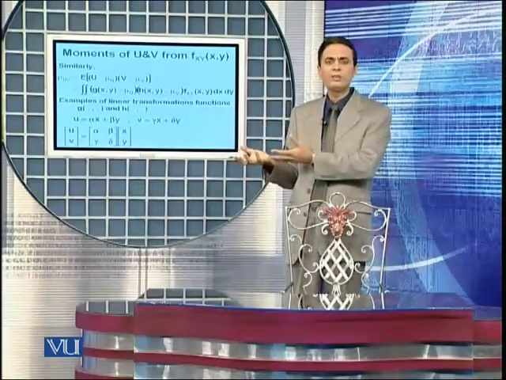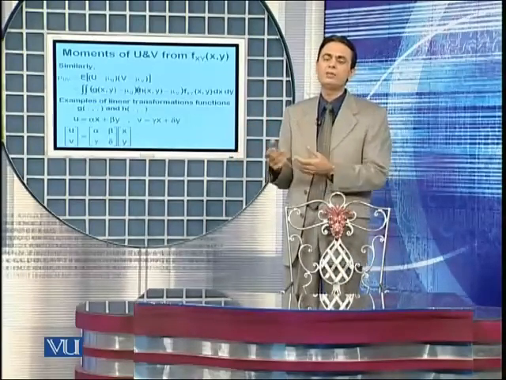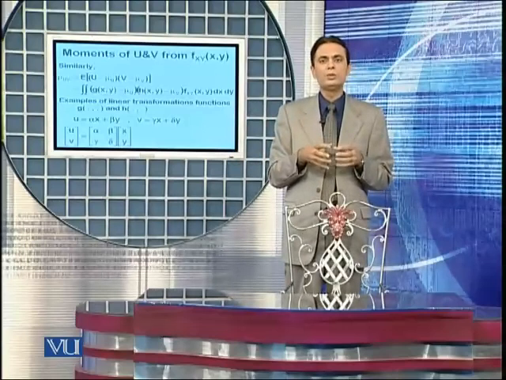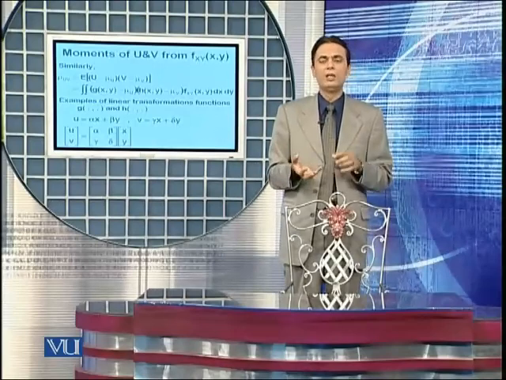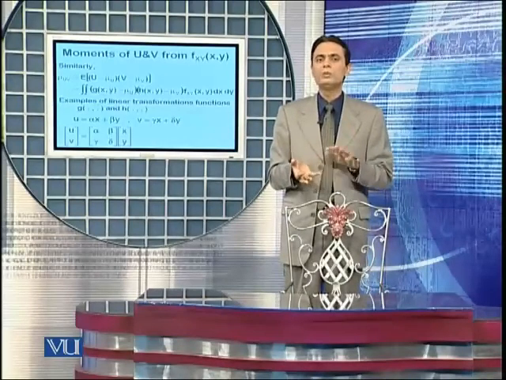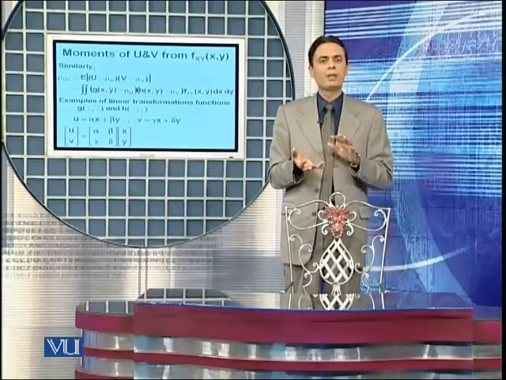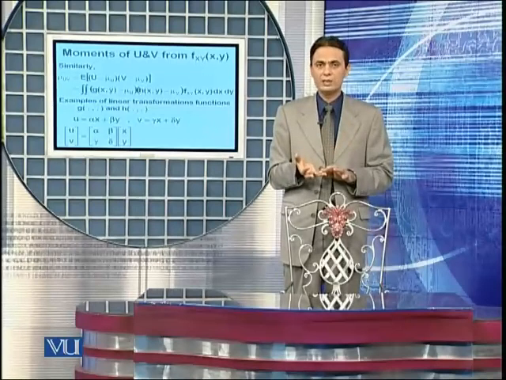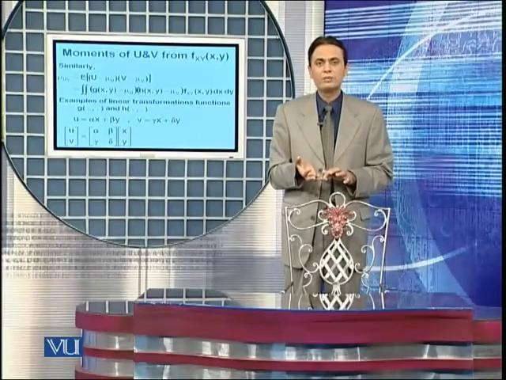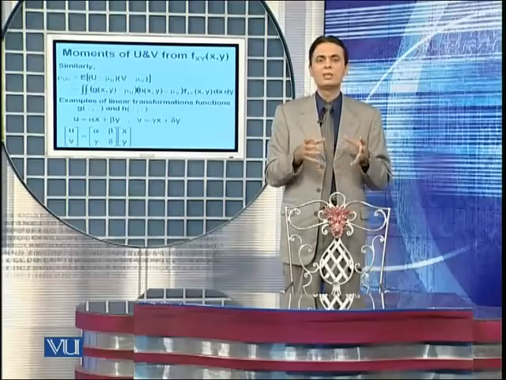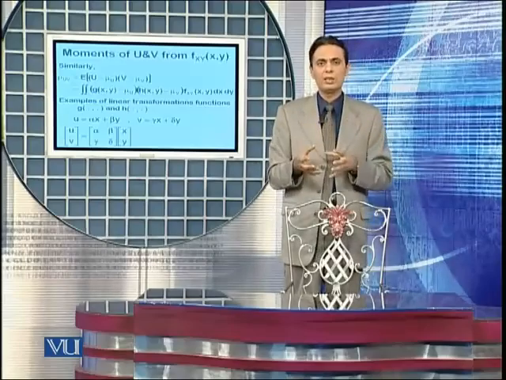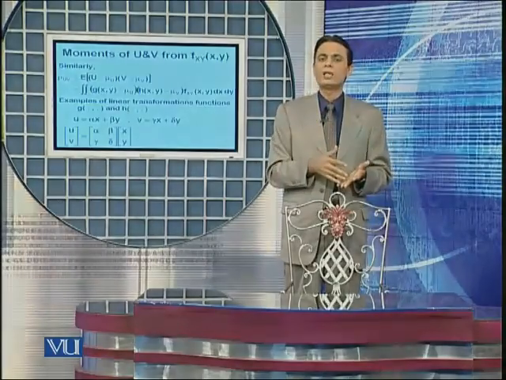If your transforming functions are such simple linear functions, then you can use the results that I will derive in the next lecture to find the mean value of u, mean value of v, variance of u, variance of v, correlation of u and v, and covariance of u and v in terms of means, variances, covariances, correlations of underlying random variables x and y.